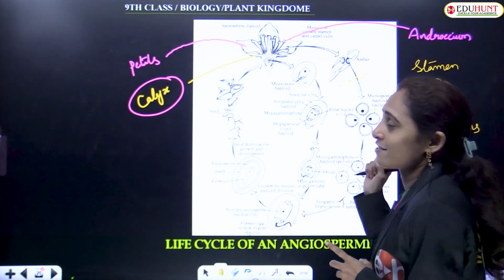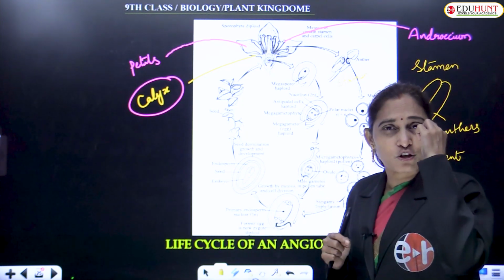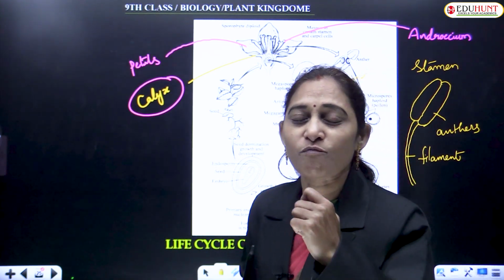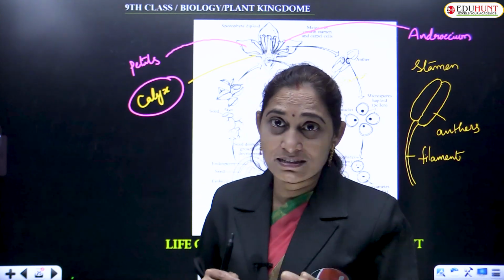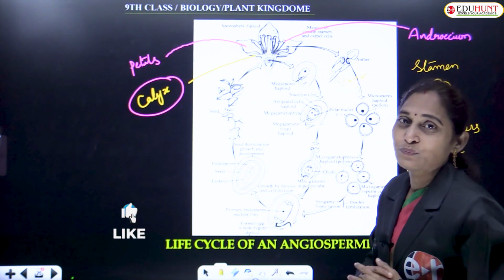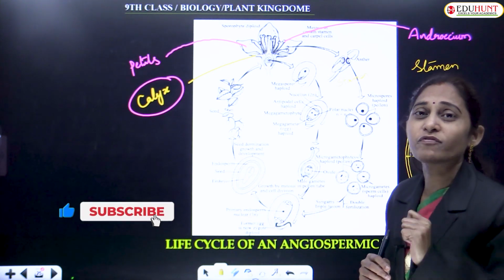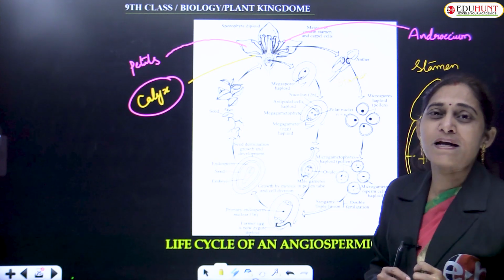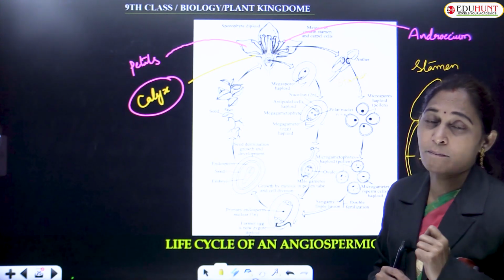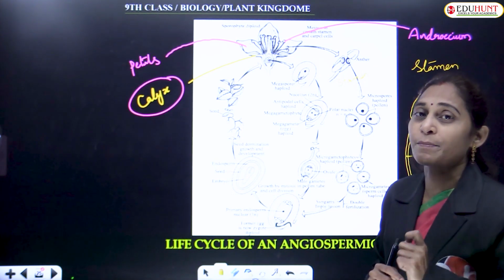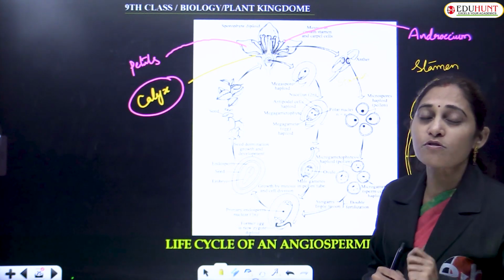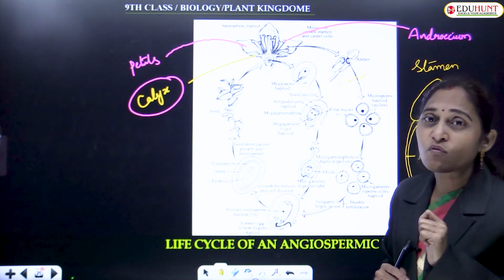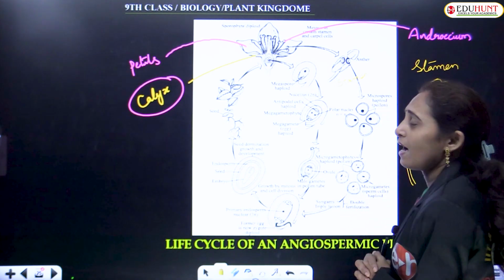Though these are essential organs, the part exclusively meant for production of male gametes or pollen grains, the sex cells, is the anther. These produce the male sex cells, the pollen grains or male gametophytes. This is the anther.